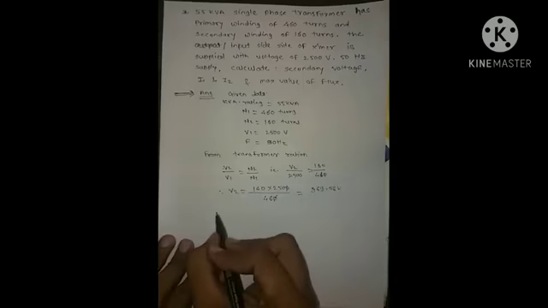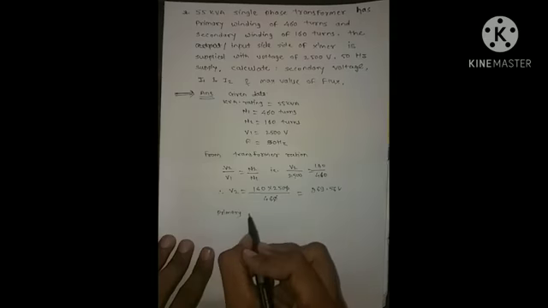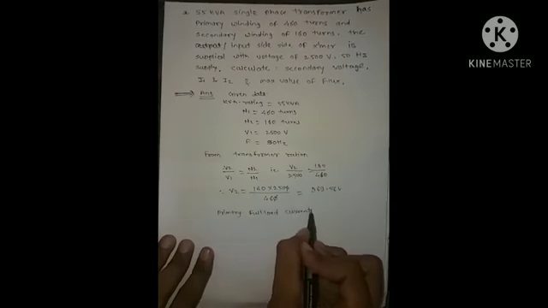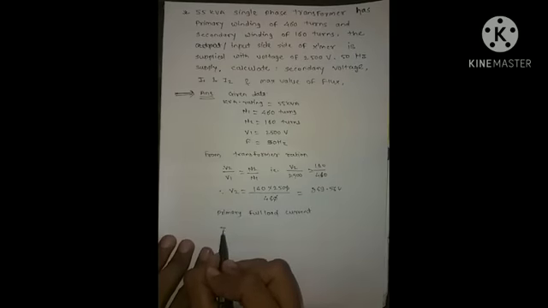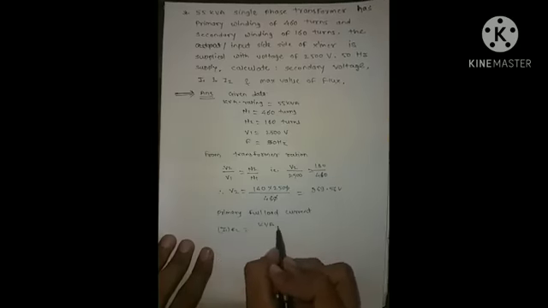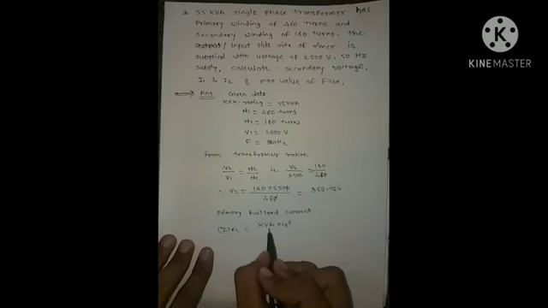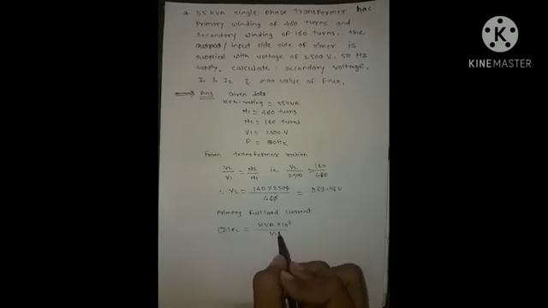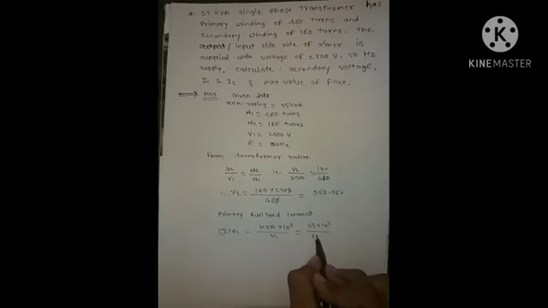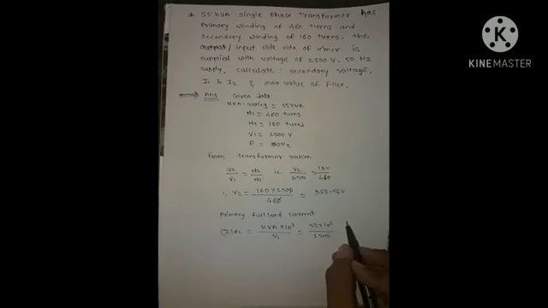Okay, to calculate primary full load current, we use the formula I1 full load equals kVA into 10 raised to 3 upon V1, putting the values 55 into 10 raised to 3 upon 2500, we will get 22 ampere.